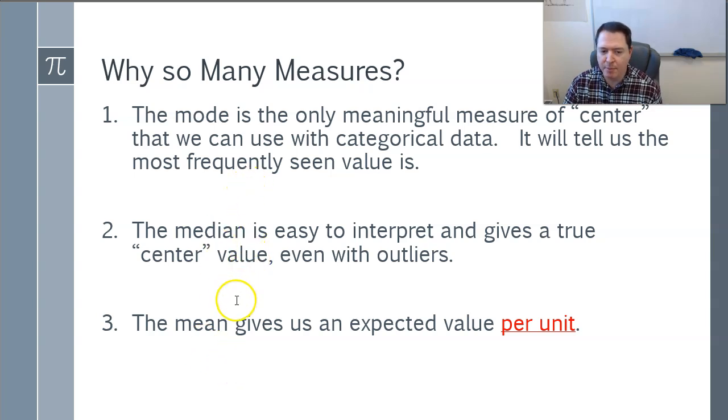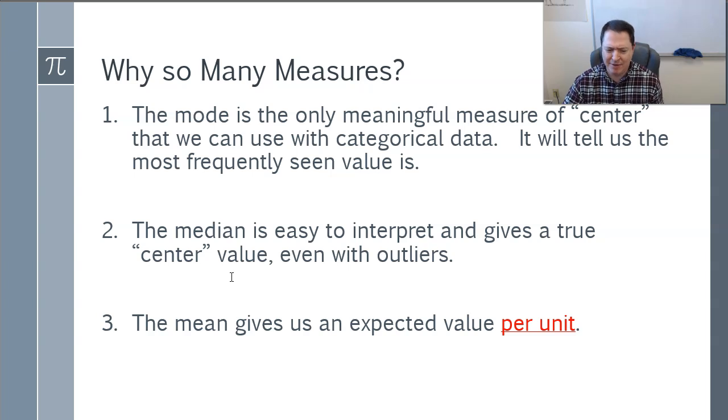So I'm going to go through the purposes of these 3 measures that I just went through. So the mode is the only measure I could use with categorical data, right? We've talked about that we've got numerical data and we've got categorical data. If I'm looking at, right, what language you speak at home, English, Spanish, Chinese, Russian, whatever, I can't put those in numerical order and pick the middle value.